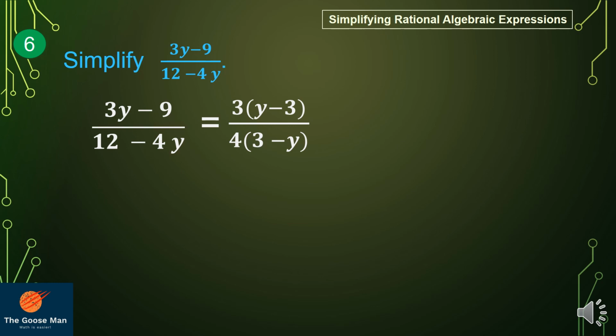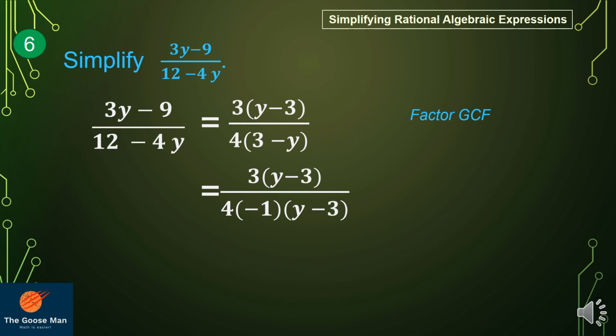Observe that y minus 3 and 3 minus y are almost the same, except that they are opposites. So what I will do is factor out the negative 1 in 3 minus y. I'll put negative 1 here and interchange to y minus 3.